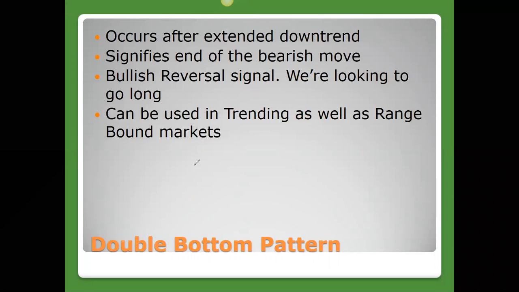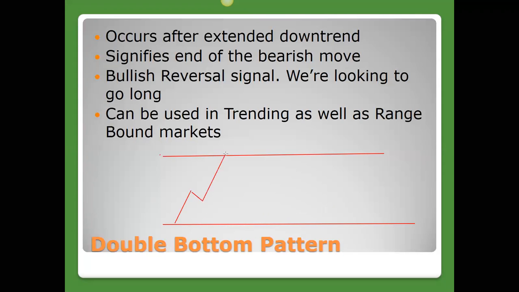In terms of a range-bound market, we have two lines. We have a resistance line at the top and the support line at the bottom. So price just goes up and down like this, and then price comes to the bottom, and may do one of these, and we're looking to take the price to the top of the range again, and then we may get a double top pattern.